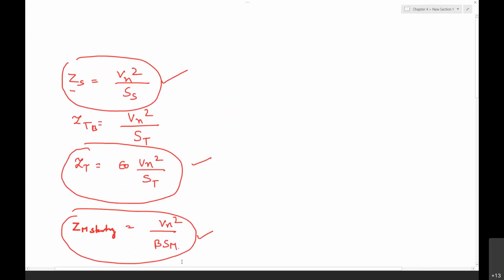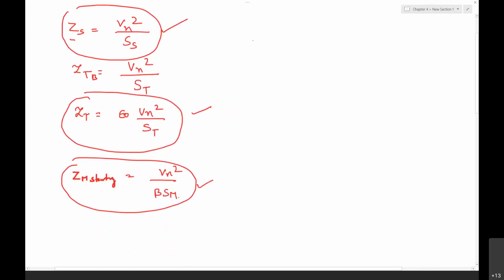We know that the PCC voltage is equal to Zt plus Zm divided by Zs plus Zt plus Zm.